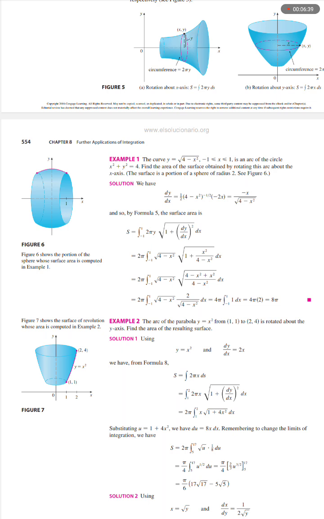The curve y equals the square root of 4 minus x squared, where negative 1 is less than or equal to x, and x is less than or equal to 1, is an arc of the circle x squared plus y squared equals 4.